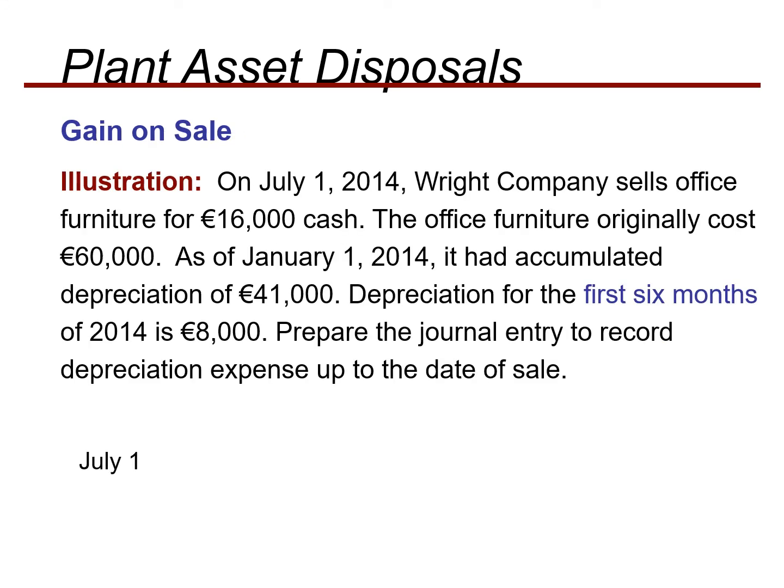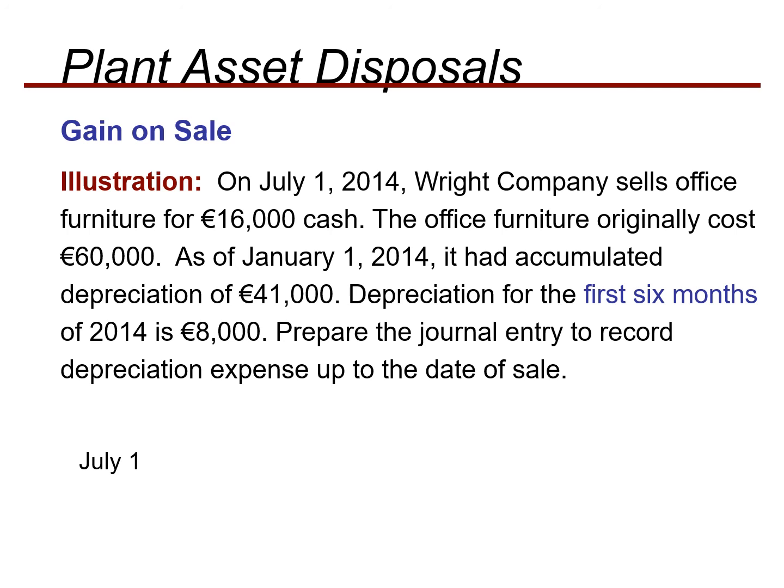In the case of gain, for example, we see an example: on July 1, 2014, Wright Company sells office furniture for 16,000 cash. The office furniture originally cost 60,000. As of January 1st, 2014, it had accumulated depreciation of 41,000. Depreciation for the first 6 months of 2014 is 8,000. Prepare the journal entry to record depreciation expense up to the date of sale.